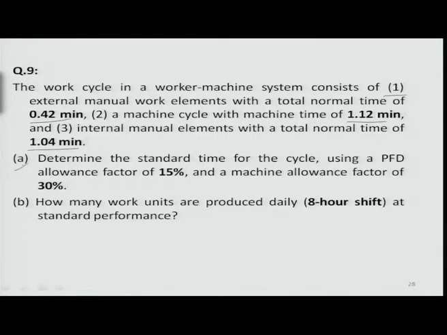The first part says determine the standard time for the cycle using a PFD allowance, personal fatigue delay allowance, that is the PFD allowance factor of 15% and a machine allowance factor of 30%. So, first we will calculate standard time, then we will come to part B.